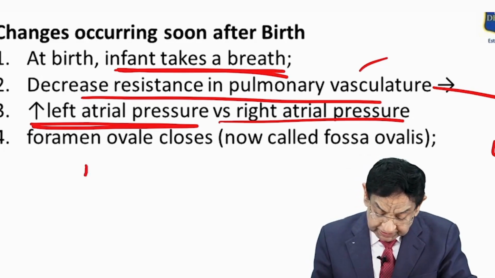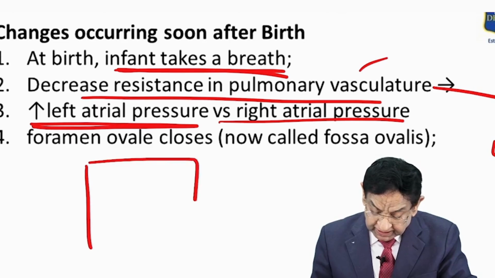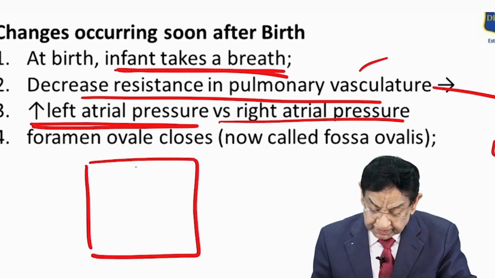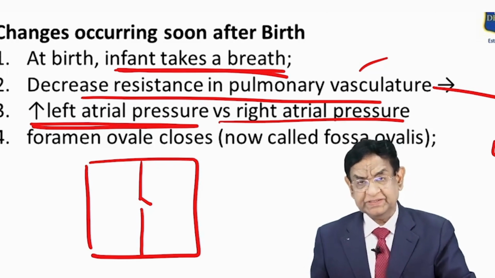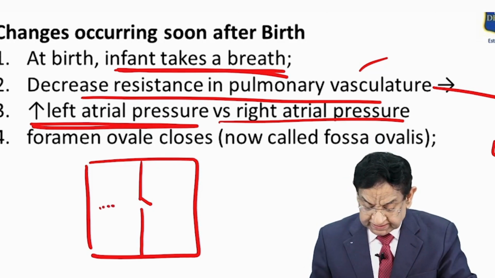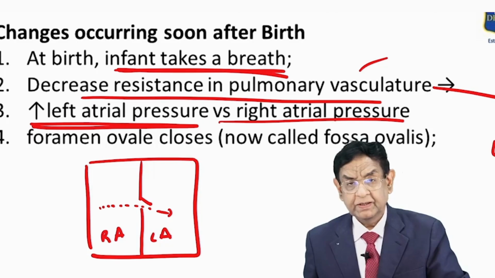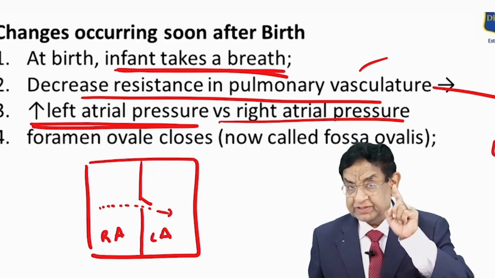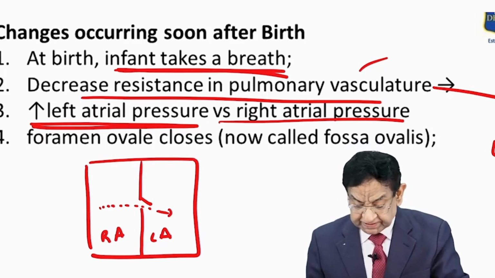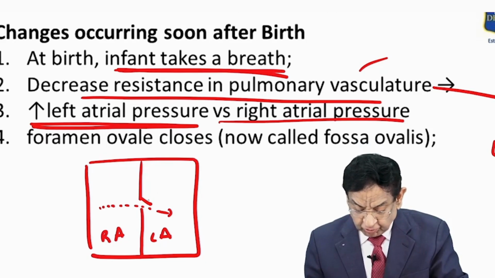Look into this. This is the atrium. This was the foramen ovale. The blood was coming like this from RA to LA in the intrauterine life. But now the LA pressure increases. It will close this, because of the LA pressure, it becomes closed.